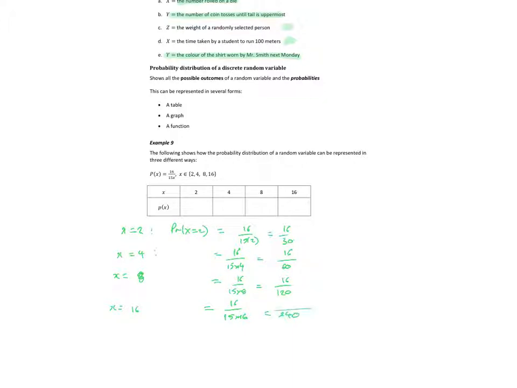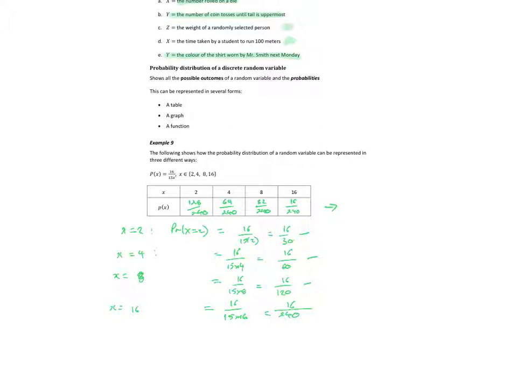240. So let's put everything in terms of 240, 16 on 240 there. That one is 32 on 240, times by 4, so we get 64 on 240, times by 8, 128 on 240. So that's the probability of each of those different things occurring.